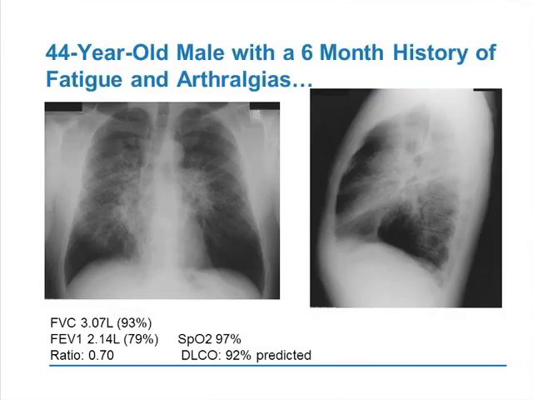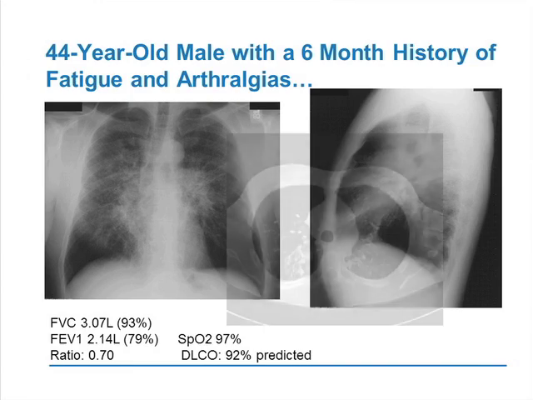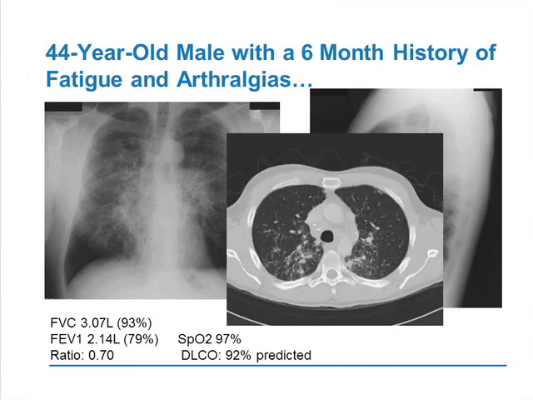You can see his PA and lateral chest radiographs show mid-lung zone predominant infiltrates with bihilar fullness suggestive of adenopathy. His PFTs show mild obstruction with a borderline low diffusing capacity. A chest CT scan is obtained showing multifocal nodular disease.